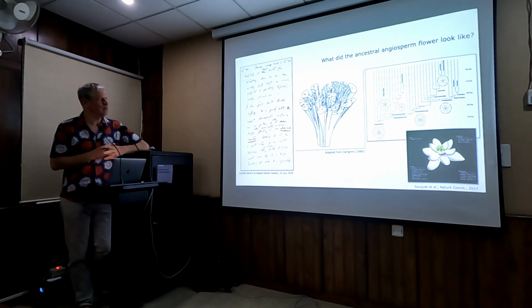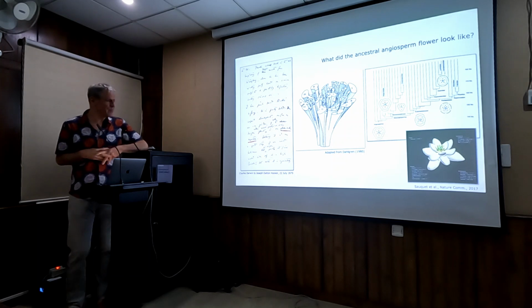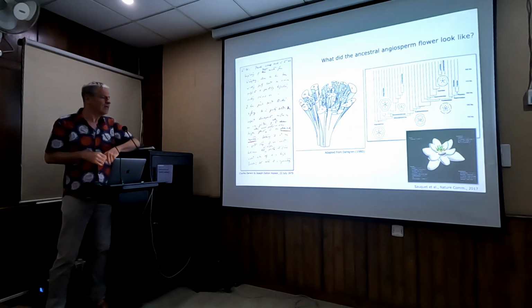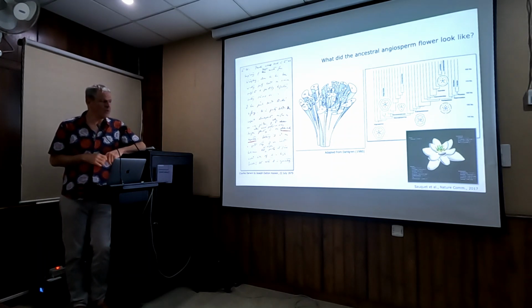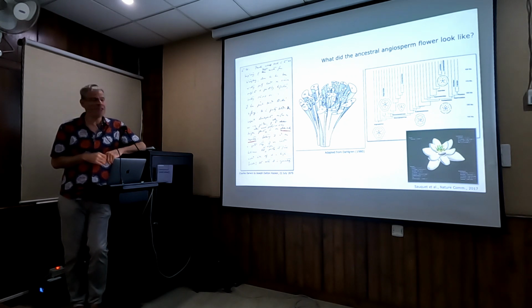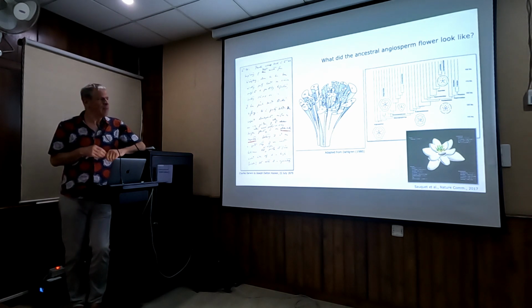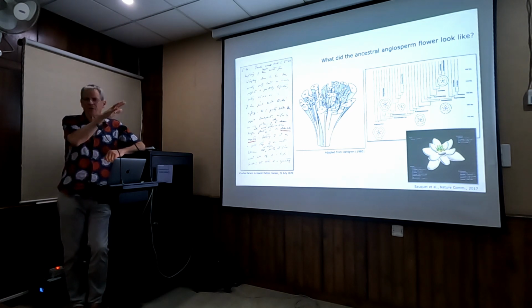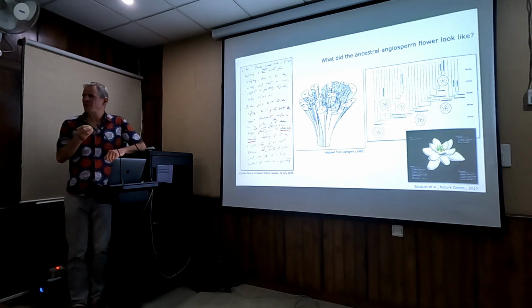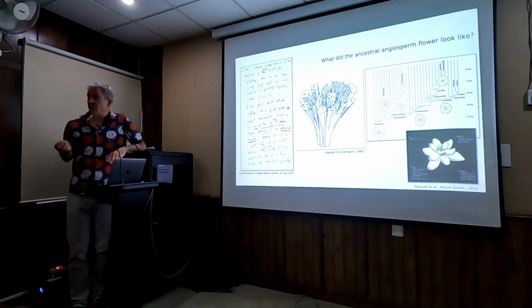This is a very nice paper by Hervé Sauquet, a French botanist, now in Sydney, Australia. He published with many co-authors in 2017 in Nature Communications. The question is, what did the ancestral angiosperm flower look like? I'm not going to talk about what it looked like, but I'm just pointing out that you can reconstruct this.